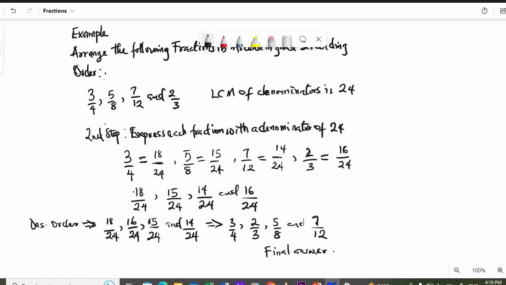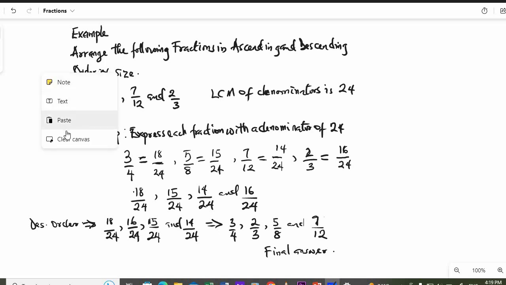Okay, so now we have learned how to arrange fractions in ascending and descending order of size. So the next thing we'll be learning is addition and subtraction and multiplication and division of fractions.